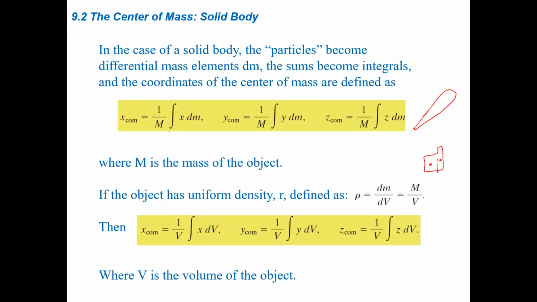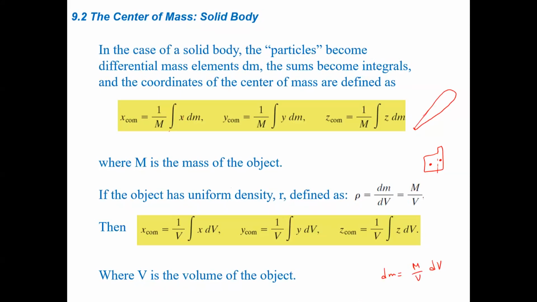If the object has a uniform density, rho, I can write rho to be mass over volume and rearrange my equations. So one thing I did here, if x of the center of mass is 1 over m integral of x dm, I can take rho, which is the density, it's dm over dv, and it's also m over v. Then dm becomes m over v dv.